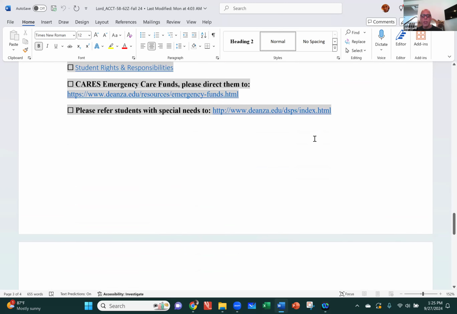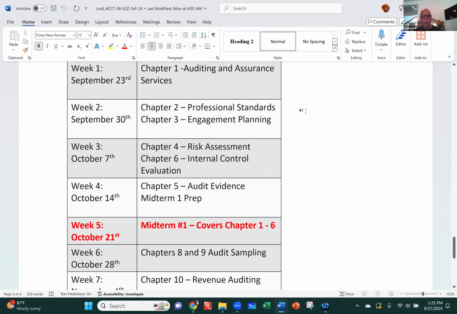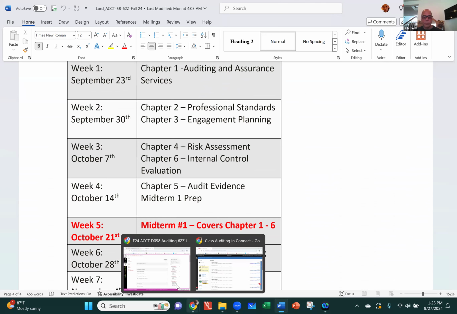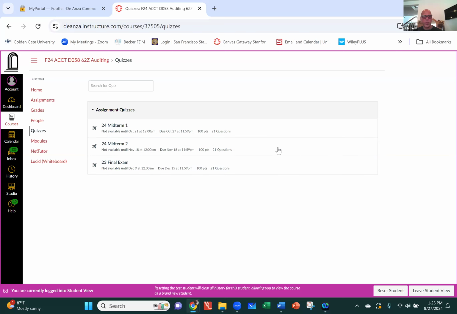Okay, so make sure, and you can look at some of these other things here, but make sure that you see the exam opens on Monday, October 21st, and it'll stay open that entire week, and it'll be in Canvas as we saw. It stays open October 21st to the 27th, and it closes at 11:59 p.m. Again, I'd say maybe take the exam the latest on the Saturday, just so that you don't run into any problems.